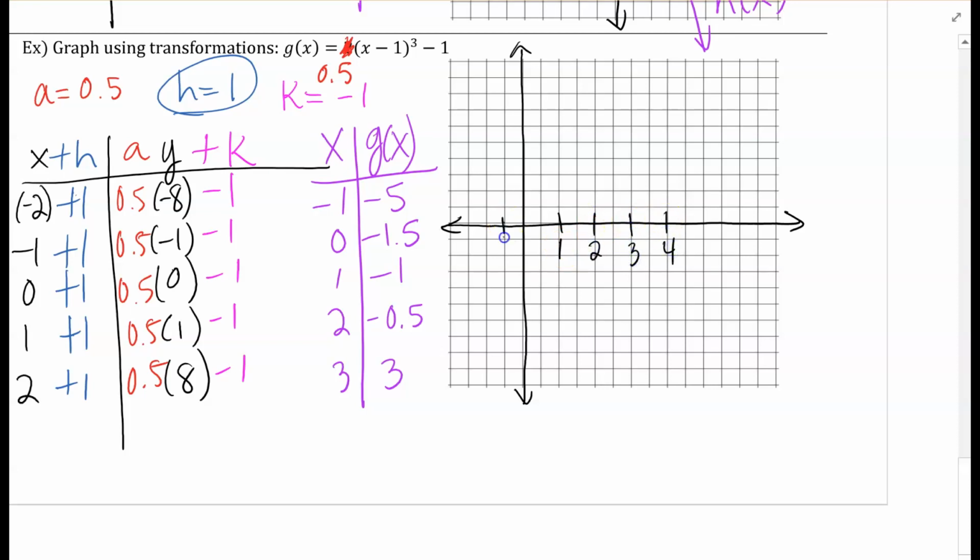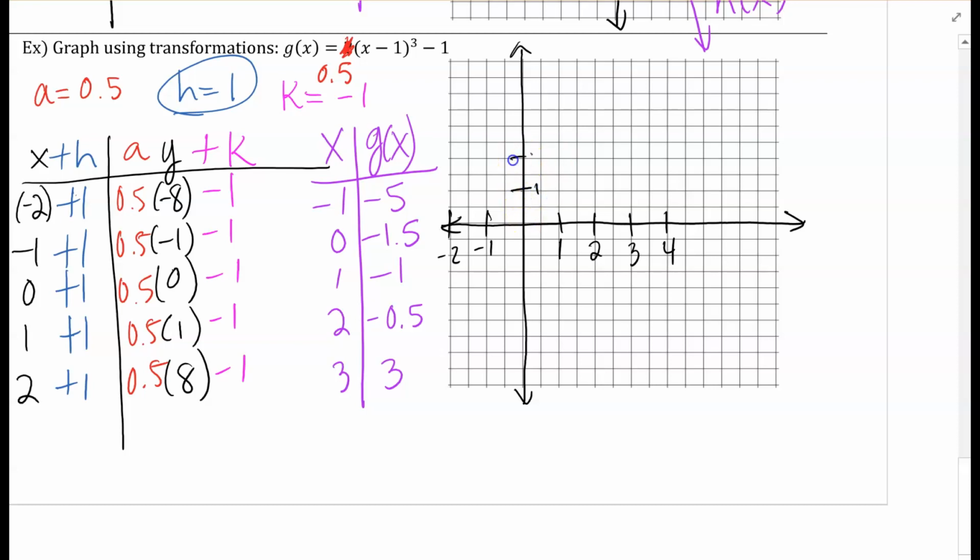So 1, 2, 3, and -1, and this would be -2. So every 2 boxes is 1 because my scale is 0.5. And then I can just go by 1s. I can even go by 2s on this one also. Every 2 boxes is a 1.